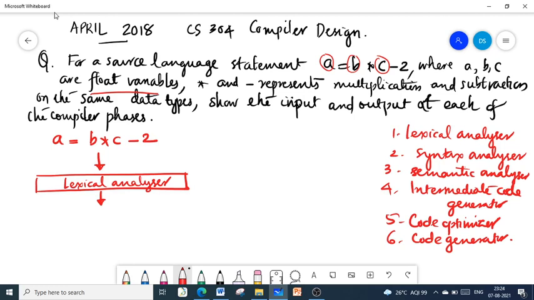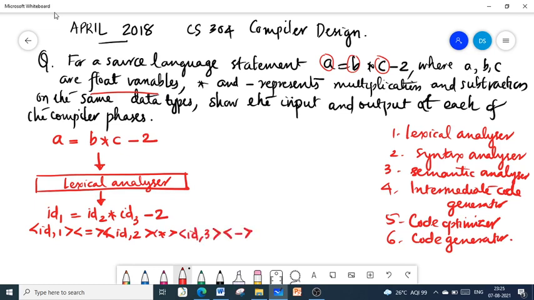So we can get the output as id1 equals id2 star id3 minus 2, or you can write the combination as id comma 1, then equal to, then id comma 2, then star, then id comma 3, then minus, then 2. So this is the output of the lexical analyzer.